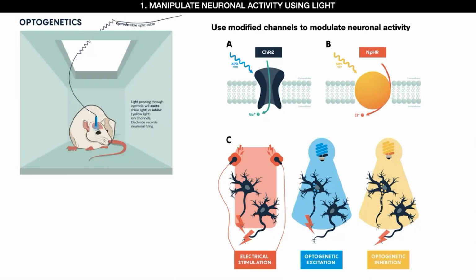We can choose between a huge number of possibilities, depending on the type of experiment, the type of precision, and the type of kinetics that we are looking for. We can use different lights for activating those channels, and we can then excite or inhibit different cells depending on the type of opsin that we are using.